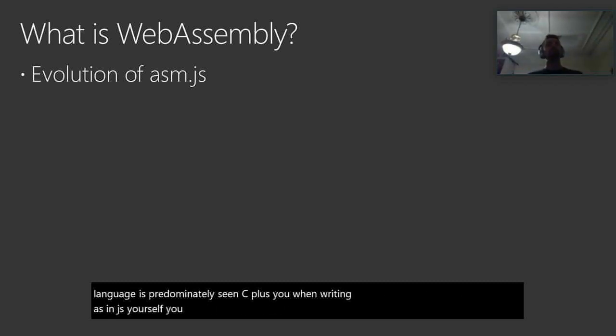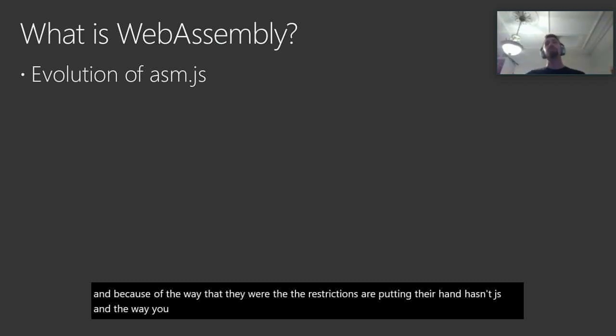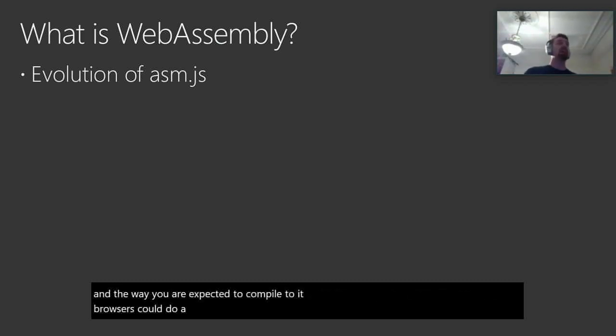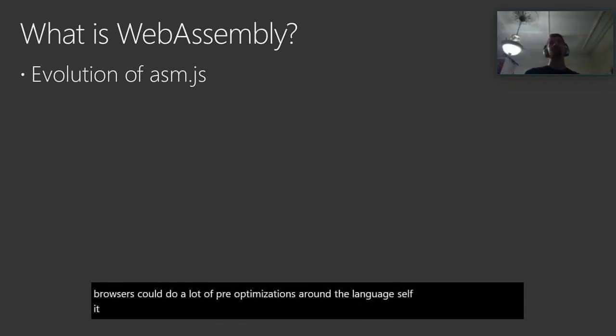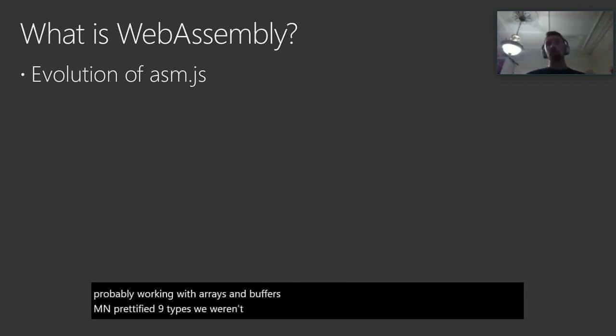And because of the restrictions that were put in WASM.js and the way you were expected to compile to it, browsers could do a lot of pre-optimizations around the language itself. It didn't have the loose typing to the same degree that JavaScript has, because it was predominantly working with arrays and buffers and predefined known types. We weren't using objects and glorified hashtables, which is predominantly what we do in JavaScript.